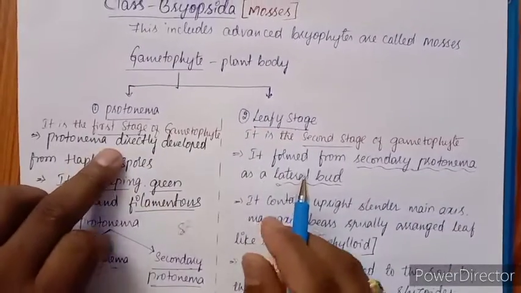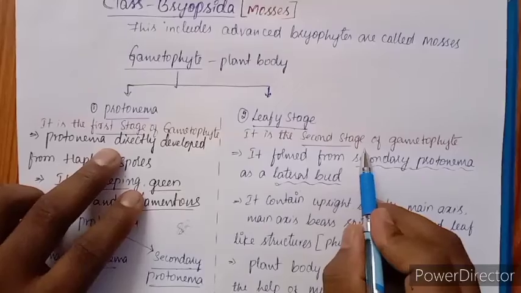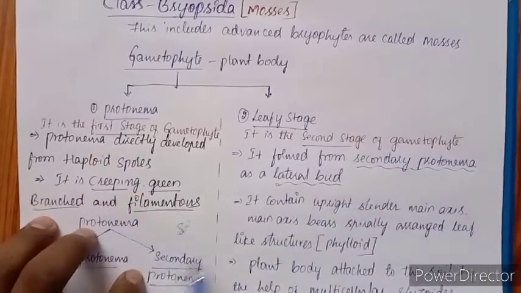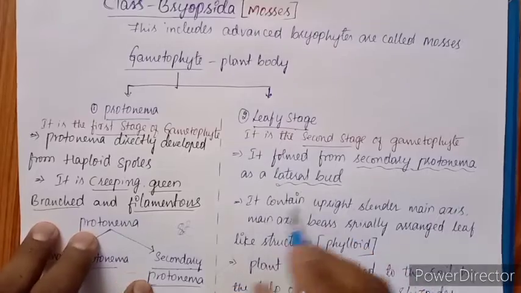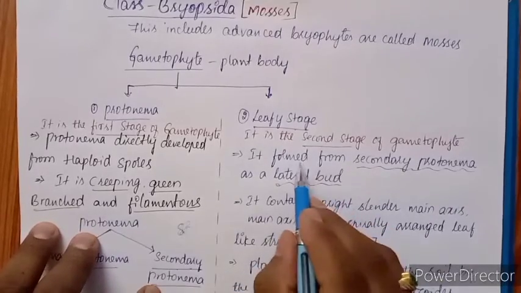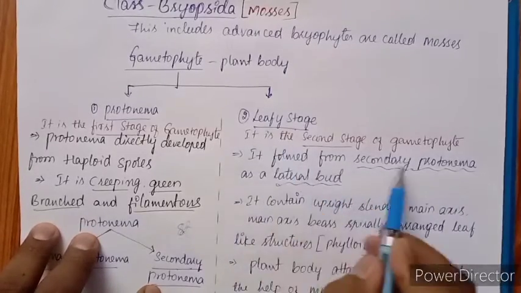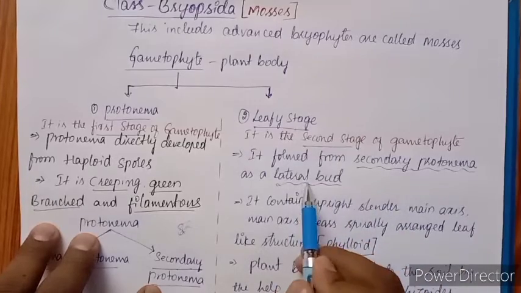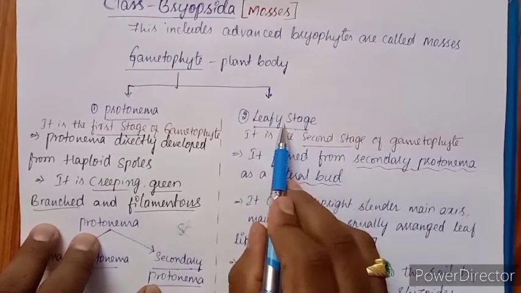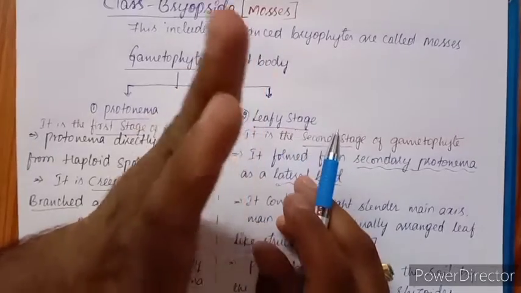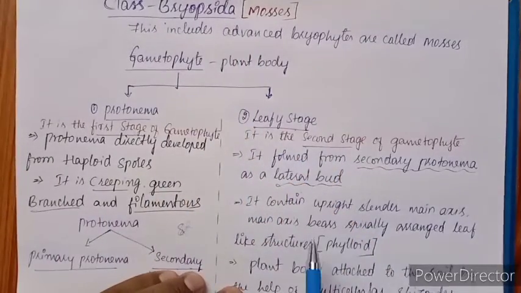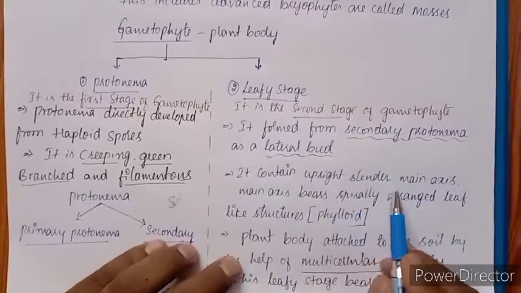The secondary protonema develops into a lateral bud, the lateral bud develops into the leafy stage, which is upright and vertical.